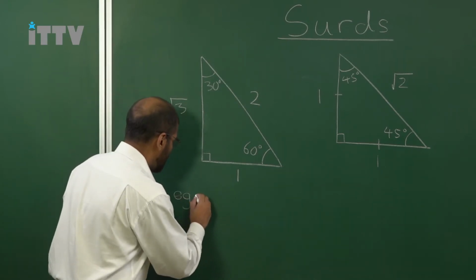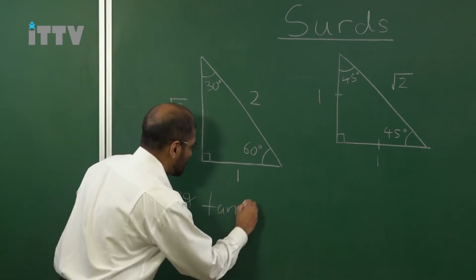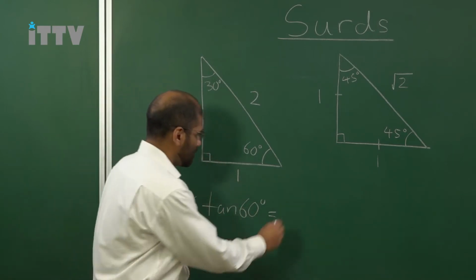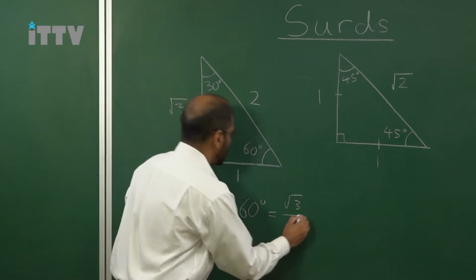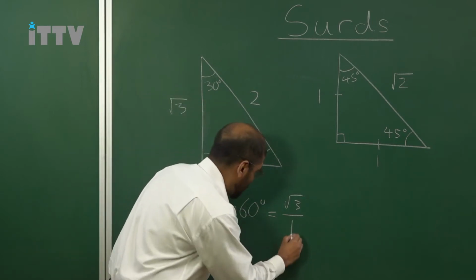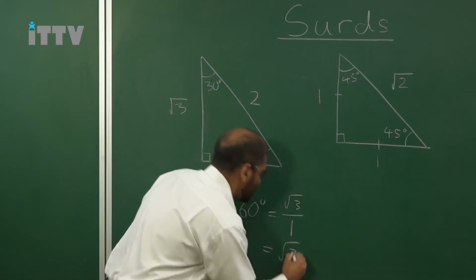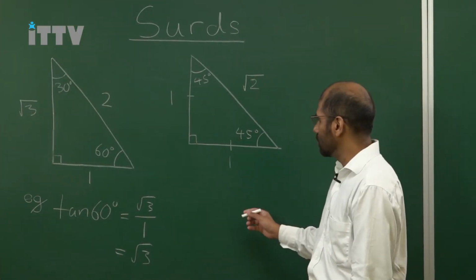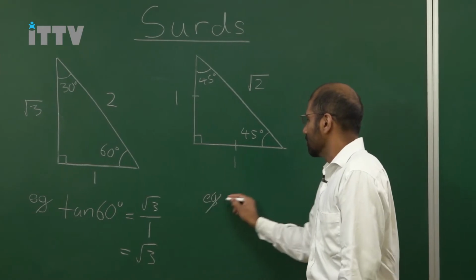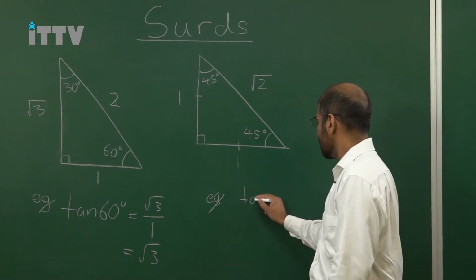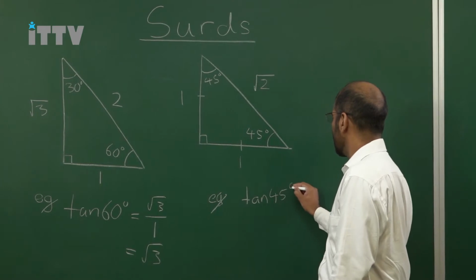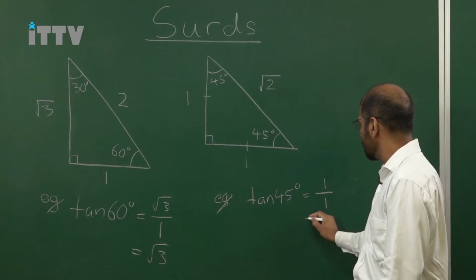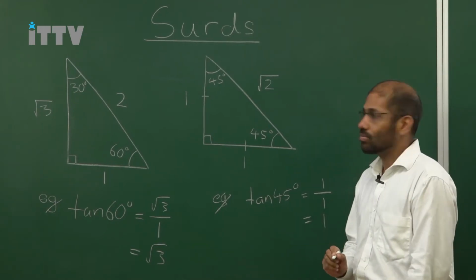So for example, tangent 60 degrees is going to be the opposite, which is square root 3, over the adjacent, which is 1. So we have square root 3 as the answer. And coming to this right angle triangle over here, we have tangent 45 equals opposite, which is 1, over adjacent, which is 1, which is the answer 1.